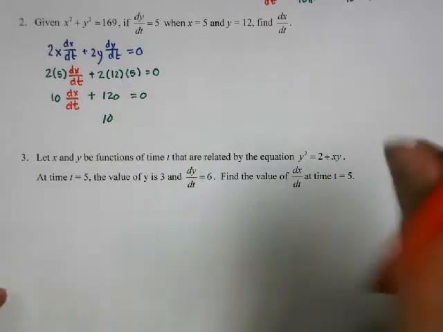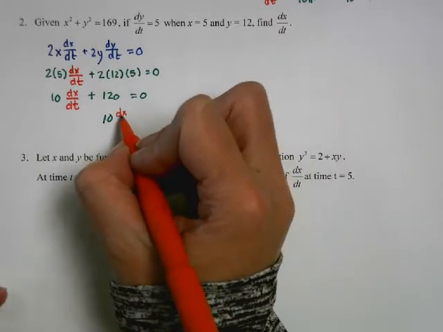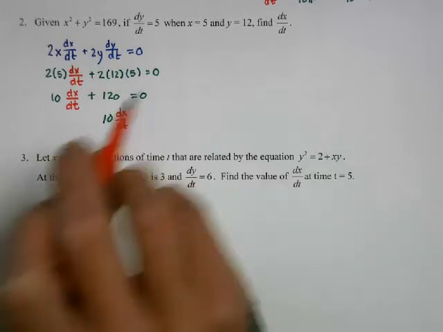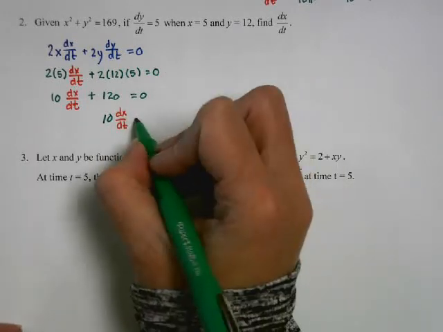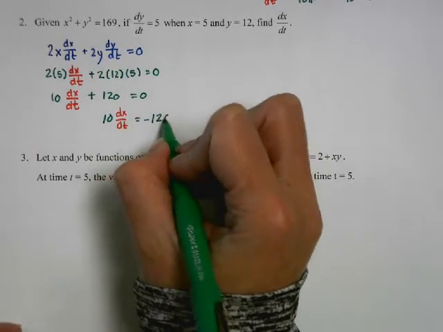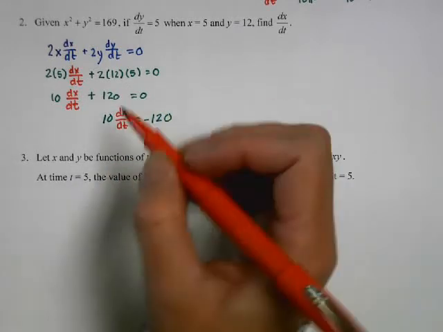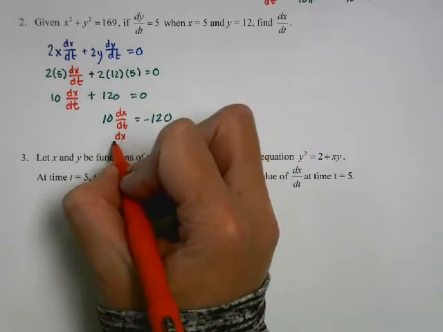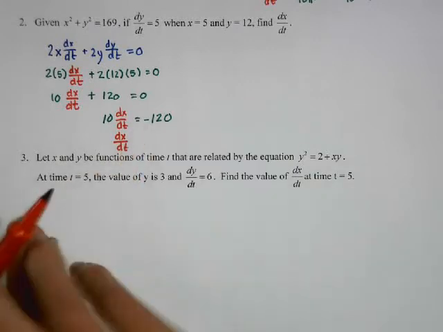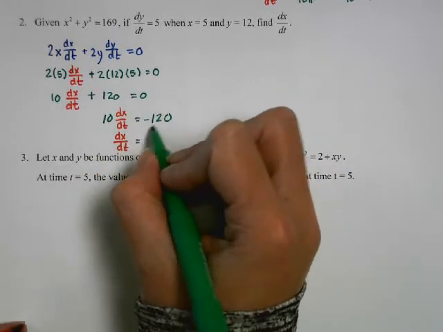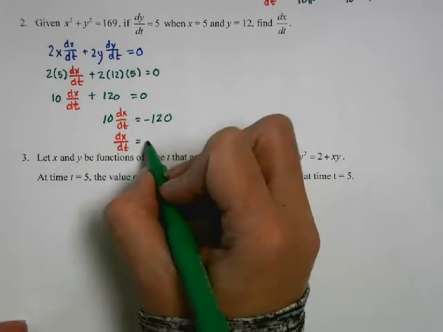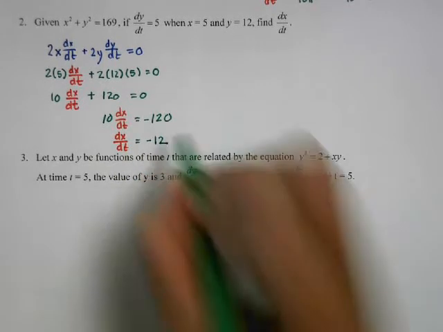So 10 times dx/dt equals negative 120. So dx/dt is going to equal negative 120 divided by 10, which is a negative 12.